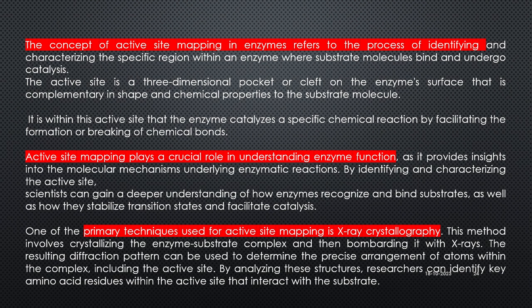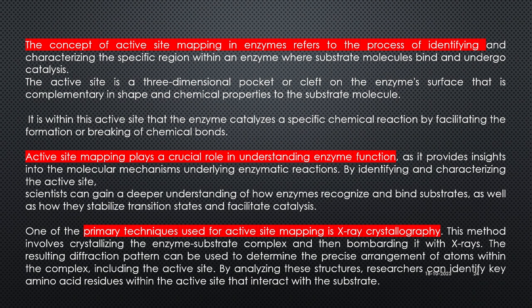Active site mapping refers to identifying and characterizing the specific region within the enzyme where the substrate and enzyme bind and undergo catalysis reactions. As I said previously, the active site is a three-dimensional structure, a pocket or a cleft, on the enzyme surface that is complementary in shape as well as in chemical properties to the substrate molecules.